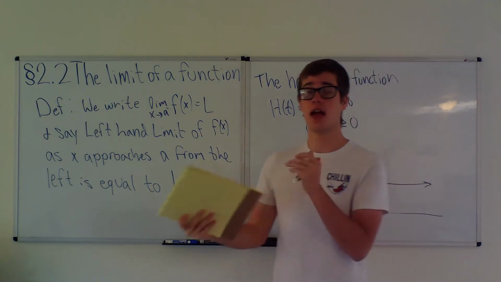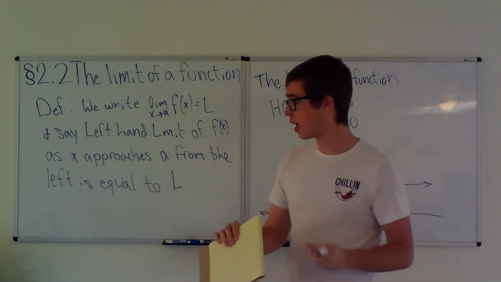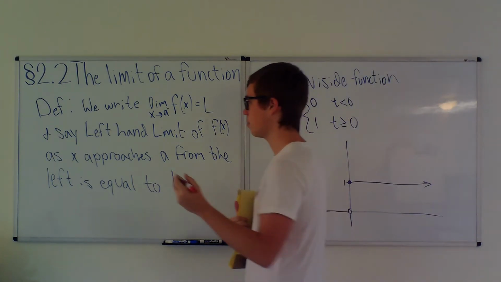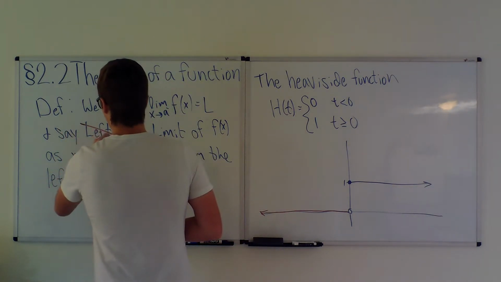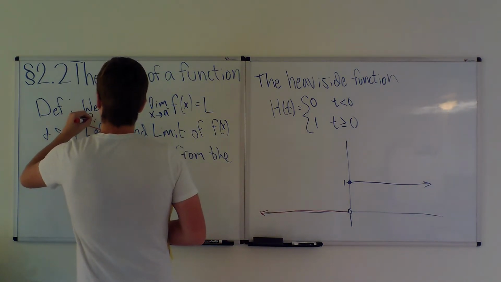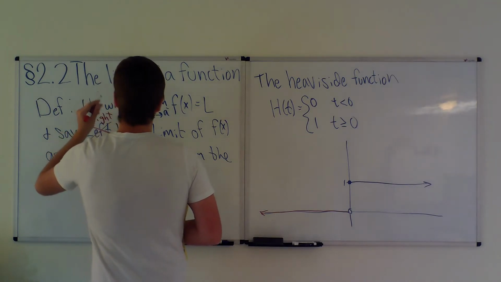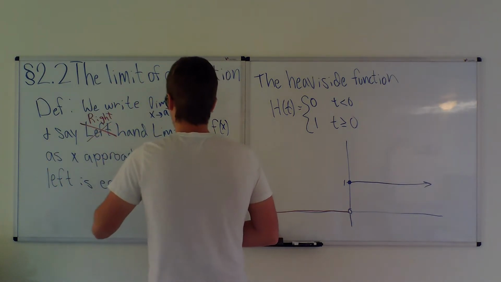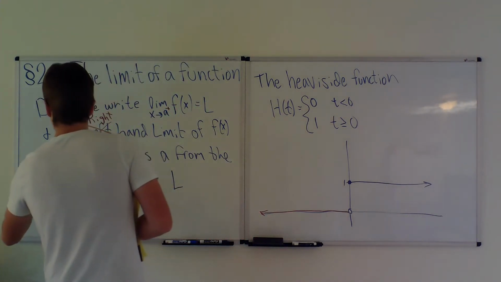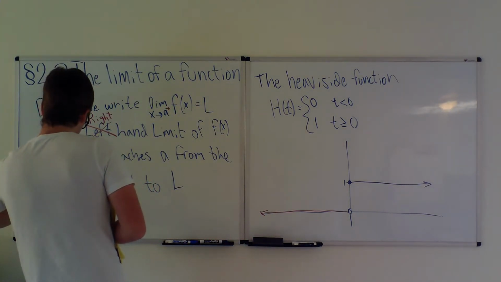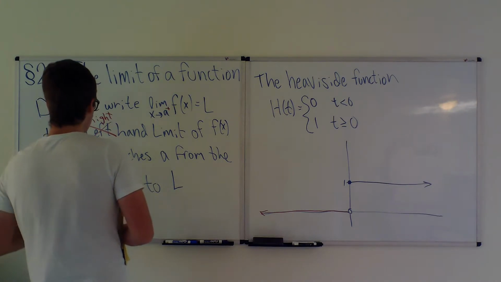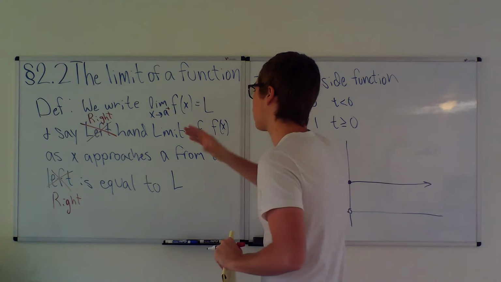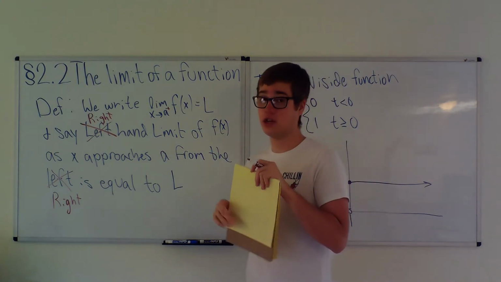So that is the LHL, the left-hand limit. But now, if we're doing the right-hand limit, we just cross out that minus, change it to a plus, change left to right, and it's the same definition, just a different side and a different sign. And for right-hand limits, I'm going to say RHL.